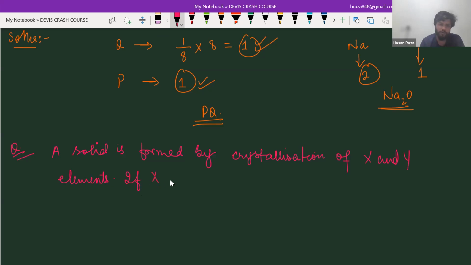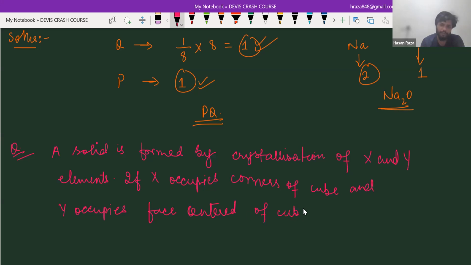If X occupies corners of Q and Y occupies face center of Q, then find the molecular formula.